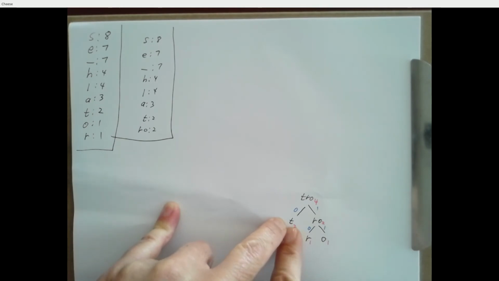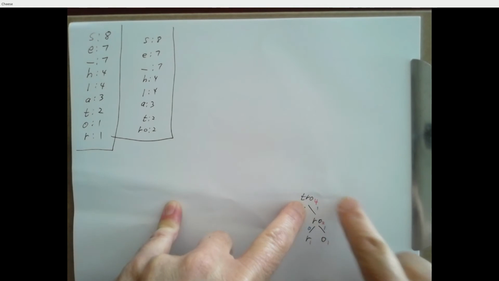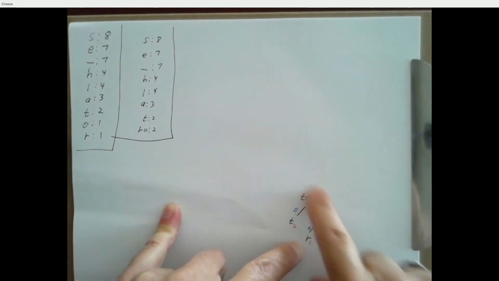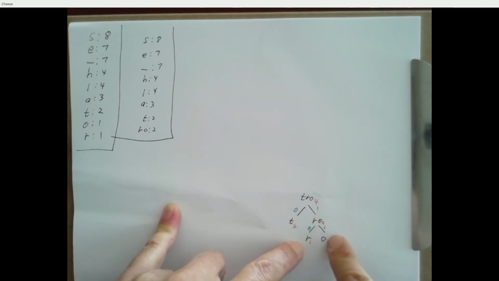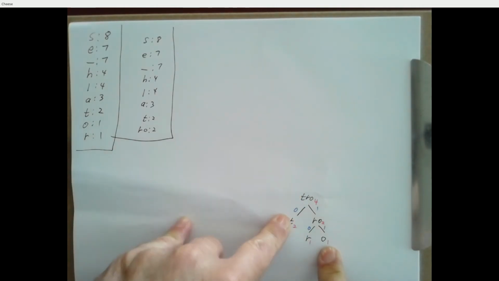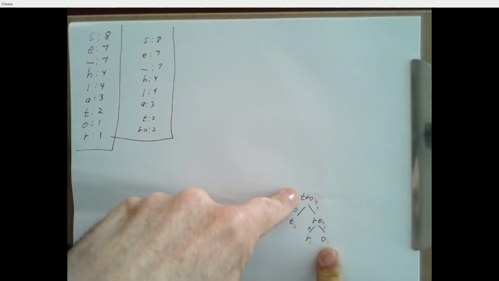If we want to encode an R, we're going to take the coding up to this point and then add a 1 and a 0. And an O, we're going to take the coding up to this point, add a 1 and a 1. Okay, so R and O are going to have coding that's 1 bit longer than the coding for T, which will be 1 bit longer than the coding to get us down to this point.